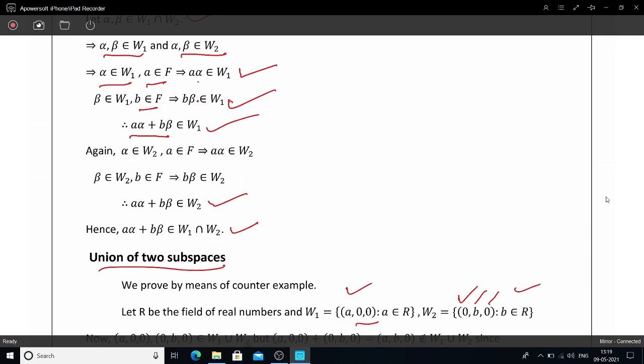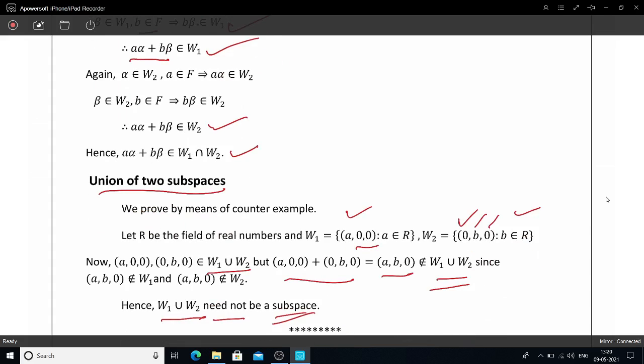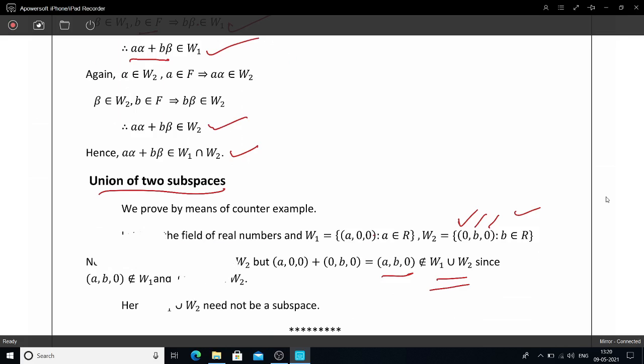Sometimes we have to prove the result by taking an example. Let R be a field of real numbers.